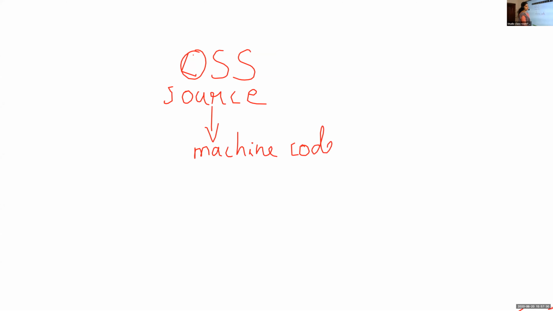By whom? By the compiler or interpreters. Then it will become an executable code and the extension will be .exe. That is done by a software called linker. That we'll study later. So what is a source code? The program in that particular programming language is called source code.